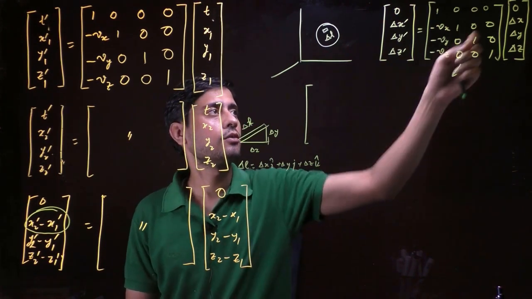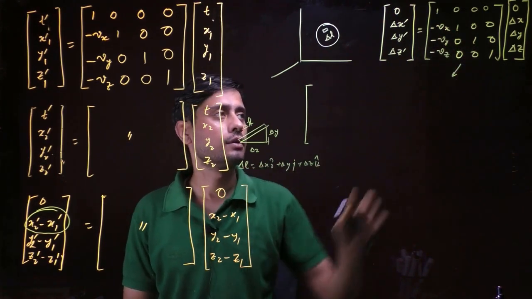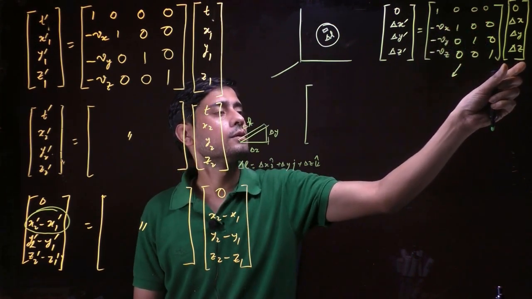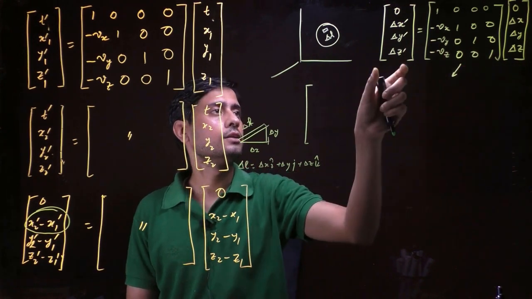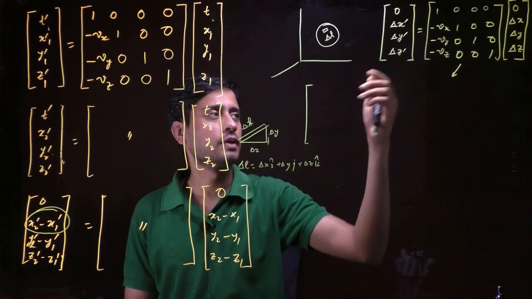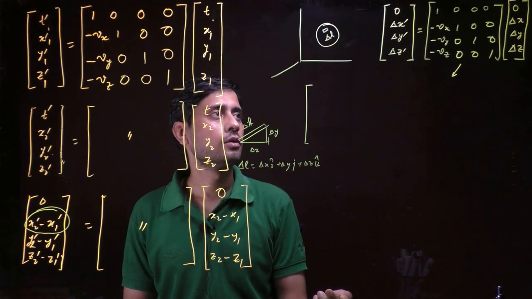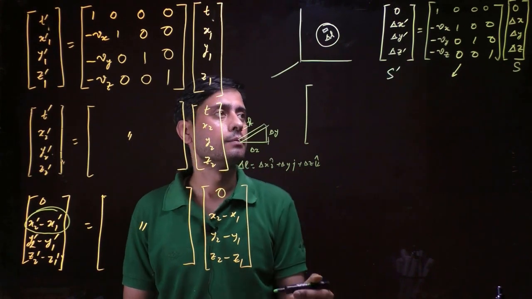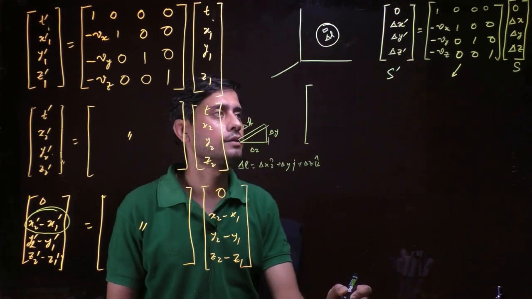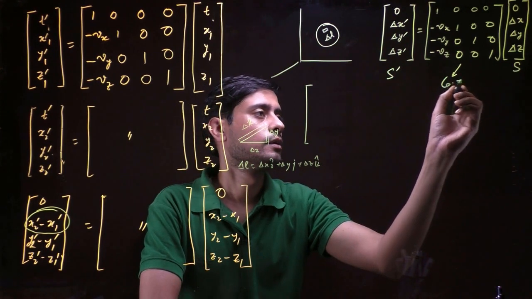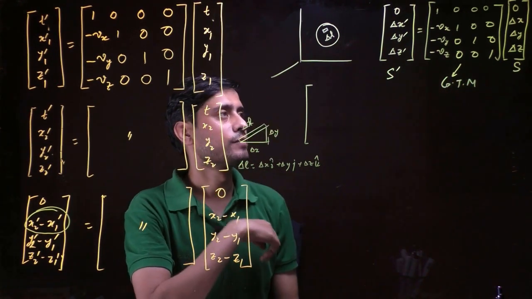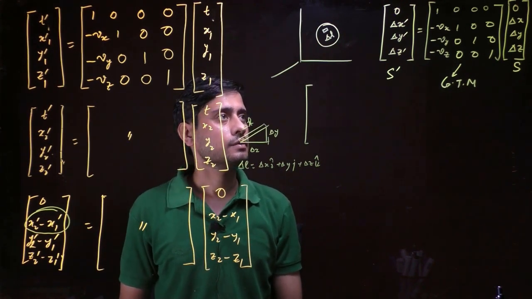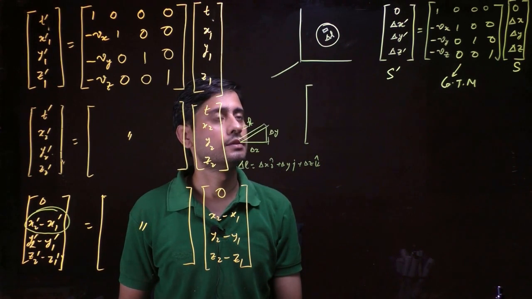Now we will start calling it the transformation matrix for the Galilean transformation. This was the old component of the length and this is the new component of the length. Whether you call it old or new, it's in the S frame and this is in the S prime frame, and this is the Galilean transformation matrix. So in this way you write the Galilean transformation equations.